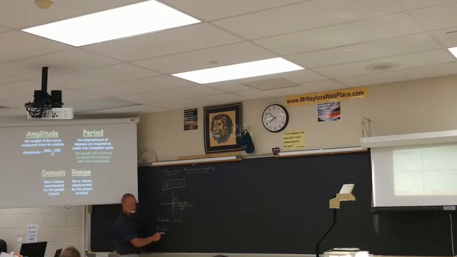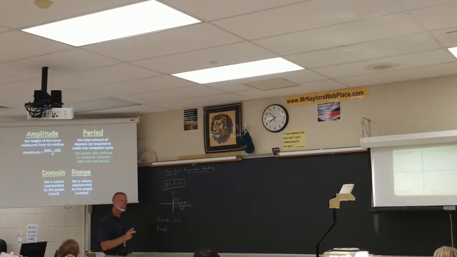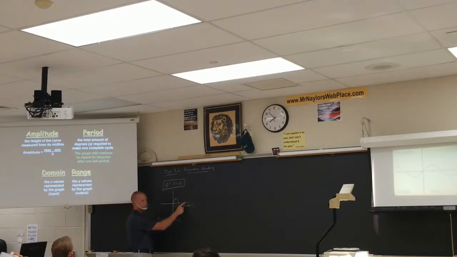Now, the period is going to be a pretty popular idea. One of the main things we do in trigonometry. And again, I've said a few times, it's the distance to see one cycle. And that's what was highlighted from 0 to 360. If you look at my finger, I'm going 0 to 360, and I'm tracing over one period. That means the period of this problem is 360 degrees.